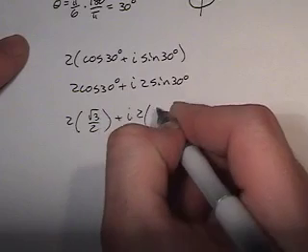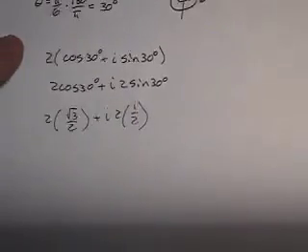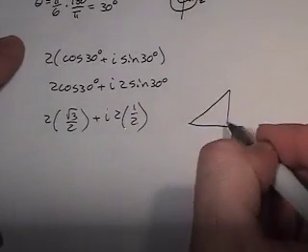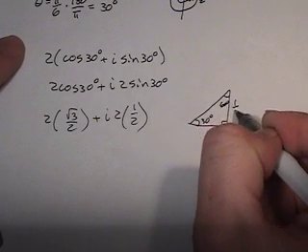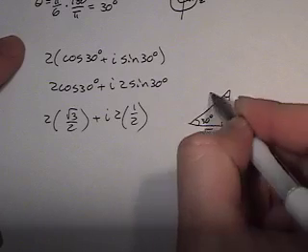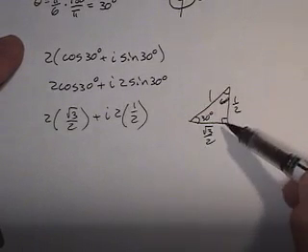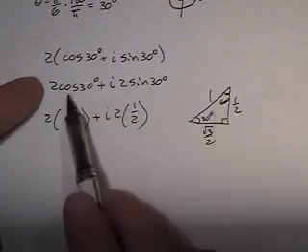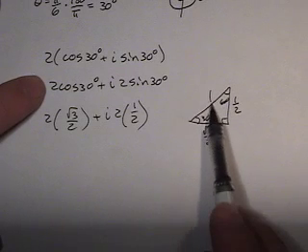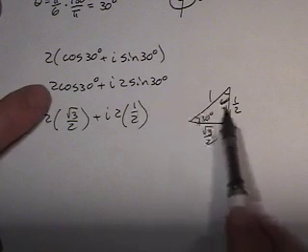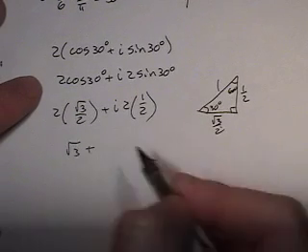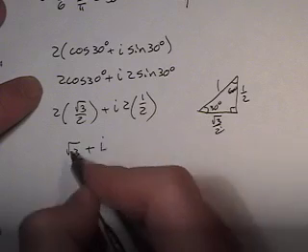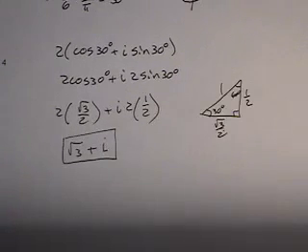Sine 30 is a half. I got those straight from the triangle: 30 degrees, 60 degrees. The only triangles I know are 30-60-90 and 45-45-90. Cosine is adjacent over hypotenuse. Sine is opposite over hypotenuse. Now just do the math: rad 3 plus i. Piece of cake.